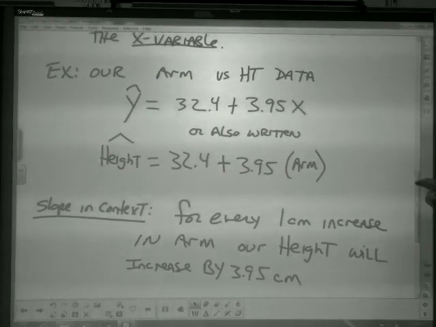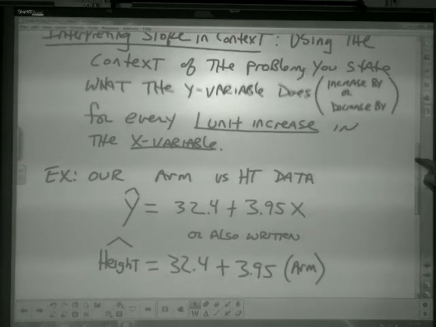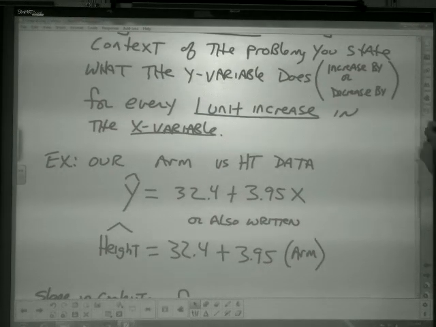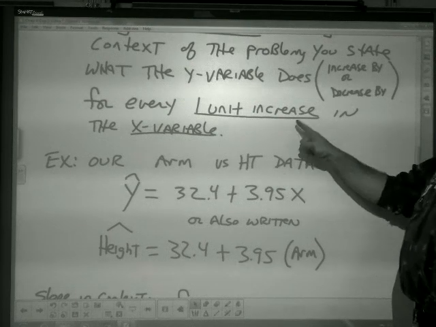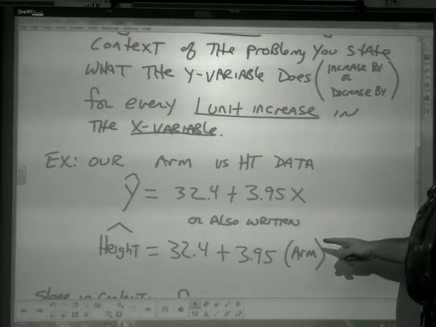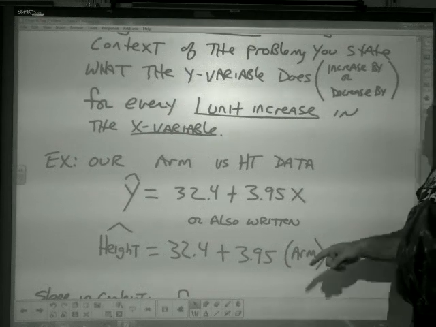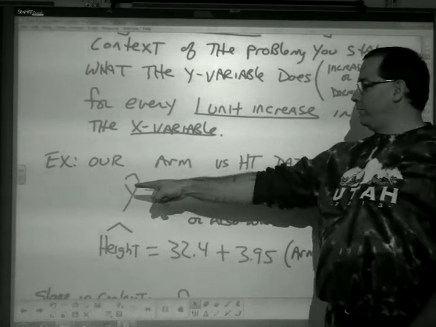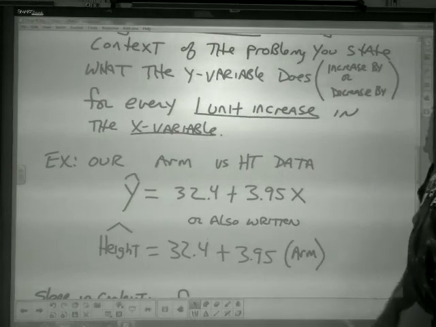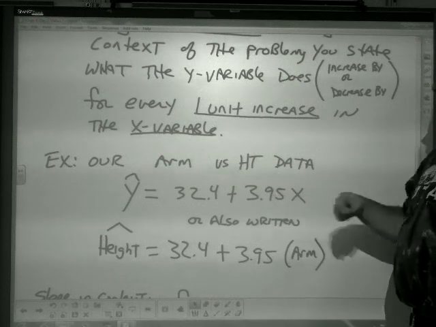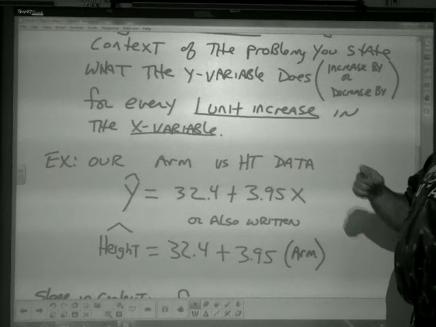So if I were to interpret this slope in context, well, for every one, what do we measure arms in? Centimeters? For every 1 centimeter increase in someone's arm length, the y variable, height, increases by 3.95 centimeters, okay?